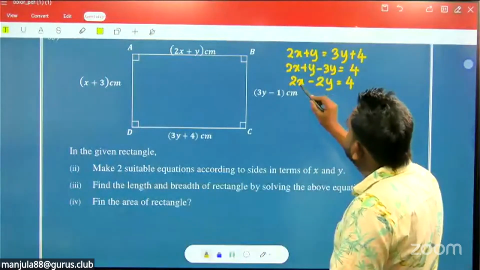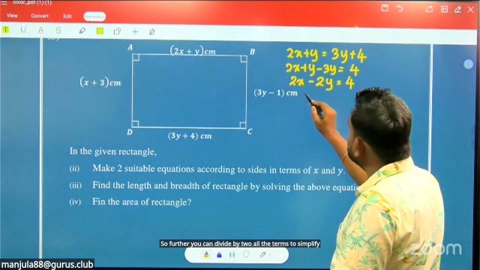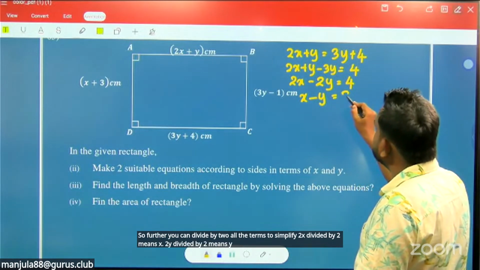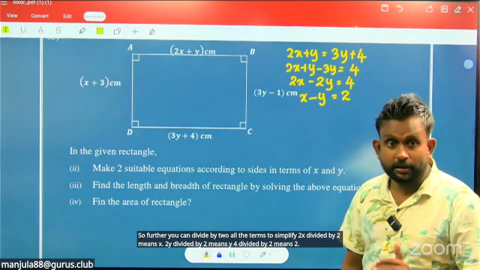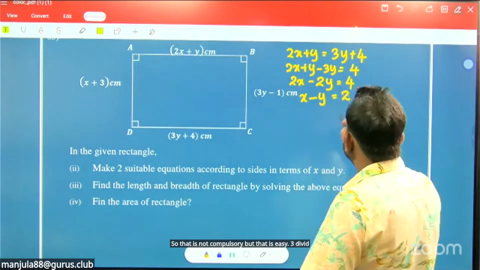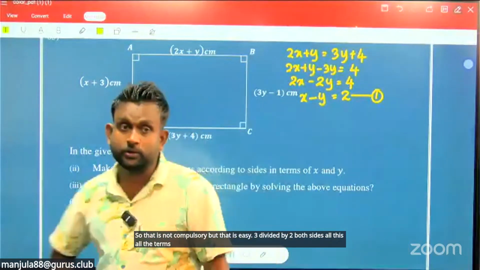So further you can divide all the terms by 2 to simplify. 2x divided by 2 means x. 2y divided by 2 means y. 4 divided by 2 means 2. So that is not compulsory, but it is easy. So you divide both sides, all the terms, by 2. That is the first equation.